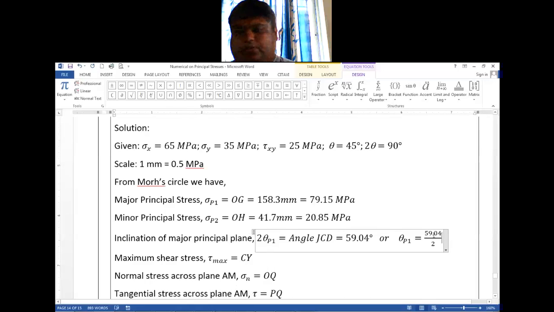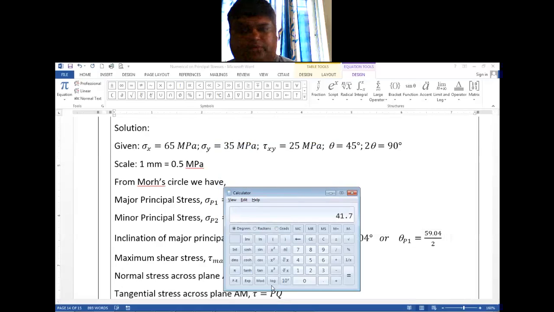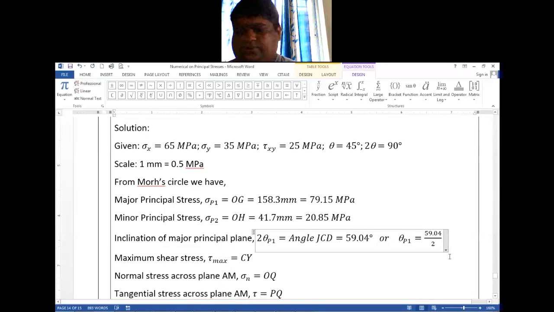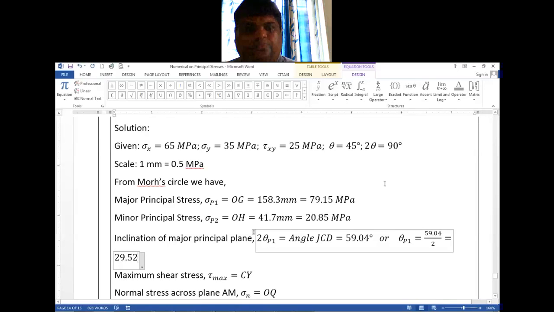Now please don't convert the angle to scale, because angle is not scaled anytime, right? Angle remains as it is. Some students scale the angle also. So since this is 2 theta p, I am finding theta p by dividing it by 2. 59.04 by 2, 29.52.